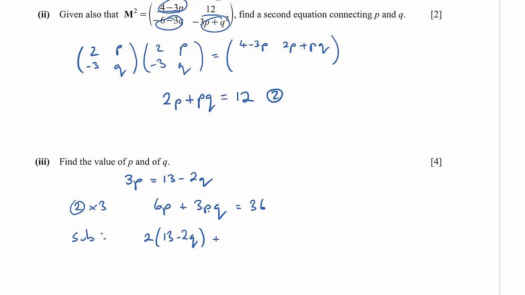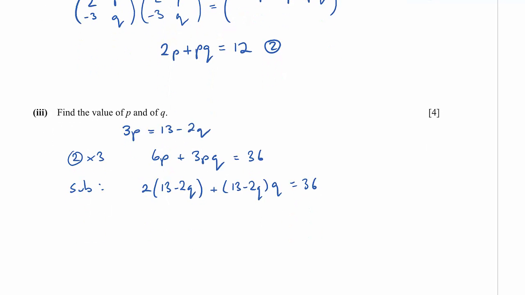And then I've got 3p, so I replace that with 13 minus 2q, times q equals 36, and I'm hoping that I'm going to get a quadratic equation out of this. So 26 take away 4q plus 13q minus 2q squared equals 36.